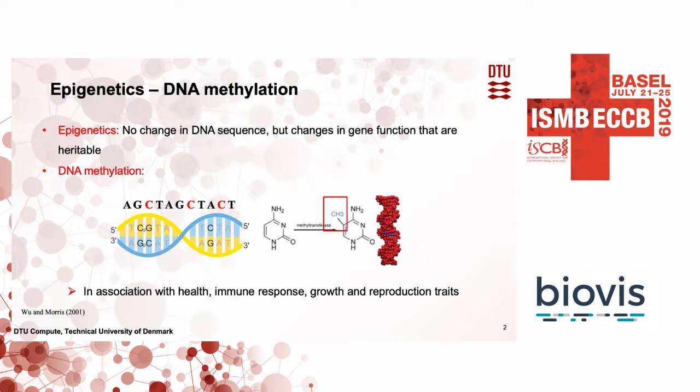And DNA methylation is the major mark of epigenetics, and is in association with health, immune, and growth and reproduction traits. We can see in the picture, it's adding the CH3 on the cytosines as the epigenetic modification. And if the cytosine is followed by the guanine, it's called the CpG site.